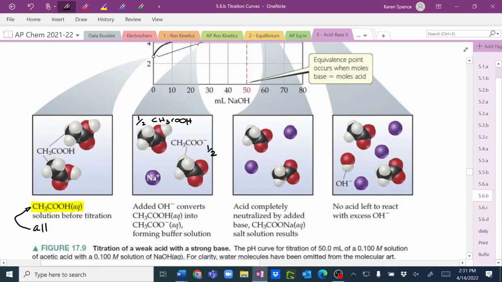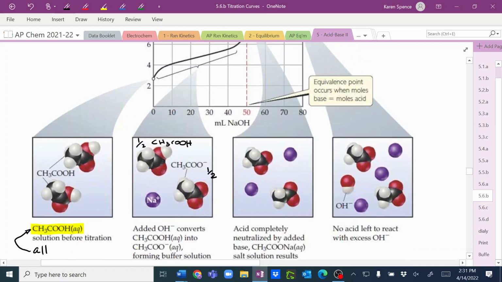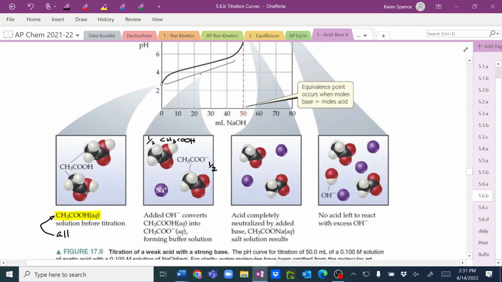And when you're in that section, what region are you in? The buffer region. Yes? And you'll be in the buffer region both below and above that halfway point.